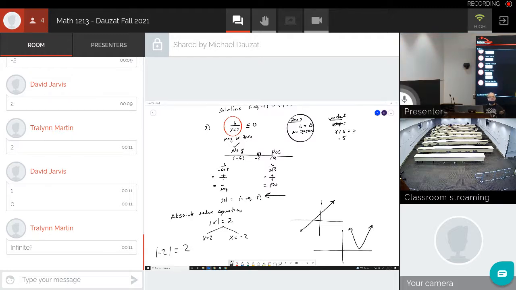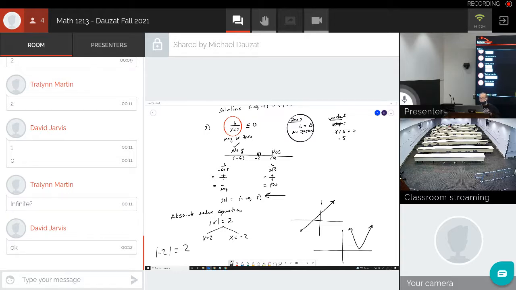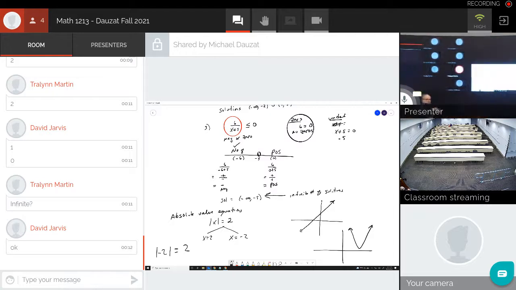Negative 7.0008 is a solution, and so on. So there's an infinite number of solutions. You can't list them. That's why you're told either graph the solutions, or put it in interval notation.